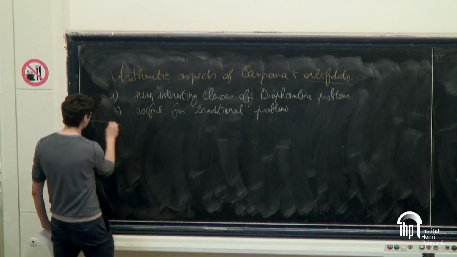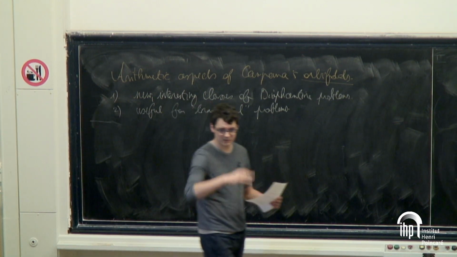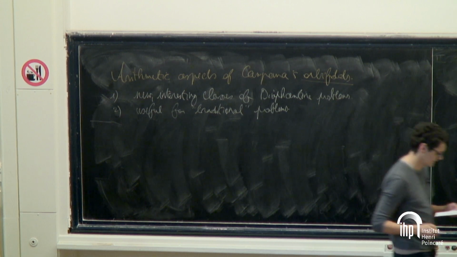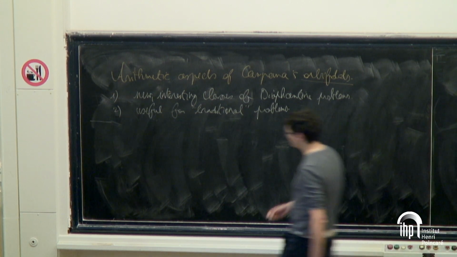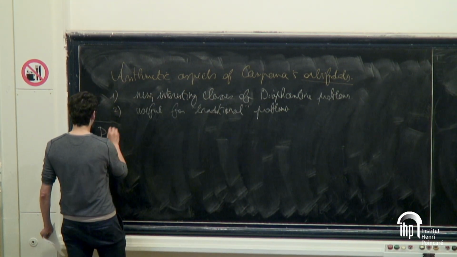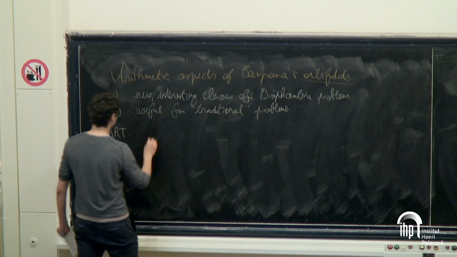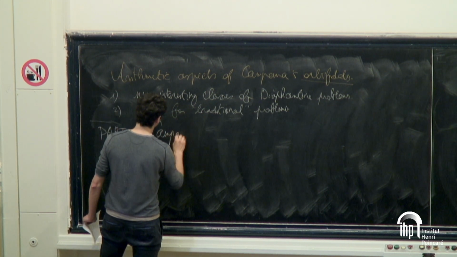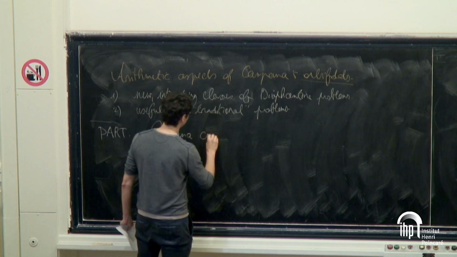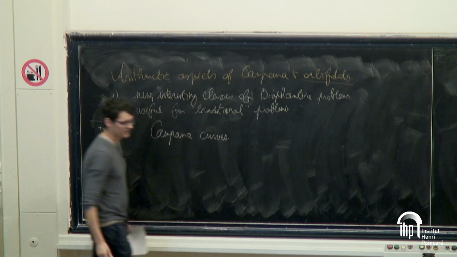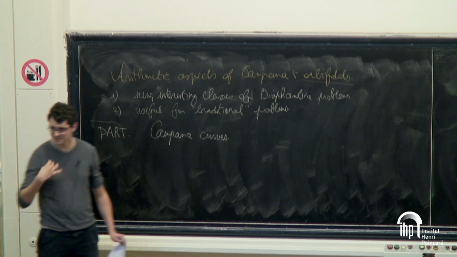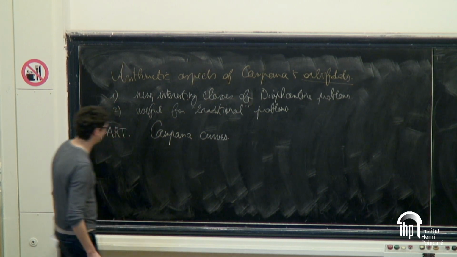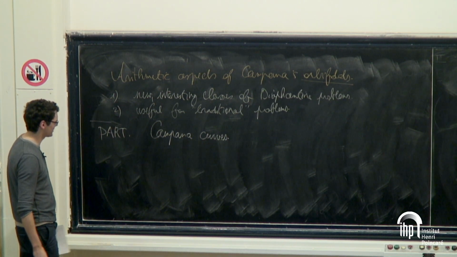So I'll first say some things about the case of curves, and then I'll go to higher dimension in the second half of the talk. So part one is going to be on Campana curves. I should really be saying Campana curves, but it's difficult in English to throw in this one French pronunciation.